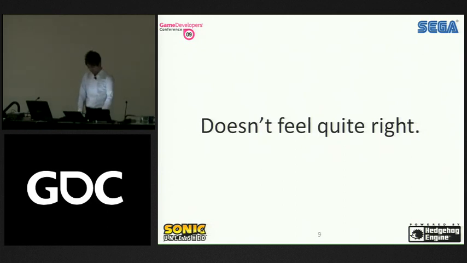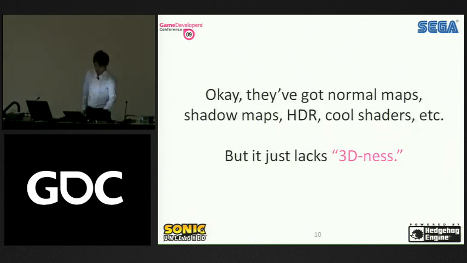We took a look at a lot of graphics in order to make use of this high-end performance, but something was not right. For example, they use normal maps, HDR, shadow maps, cool shaders. They use these nice gadgets, but something is wrong. It doesn't look like 3D at all.